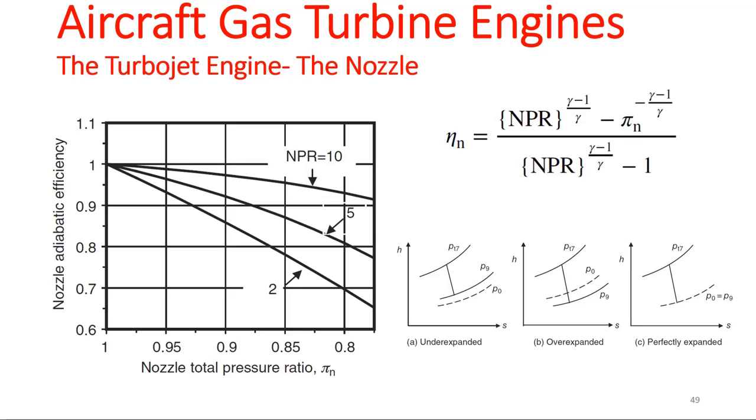The maximum efficiency you're going to get is at the total pressure ratio of 1. Why do we get that maximum adiabatic efficiency at the pressure ratio of 1?